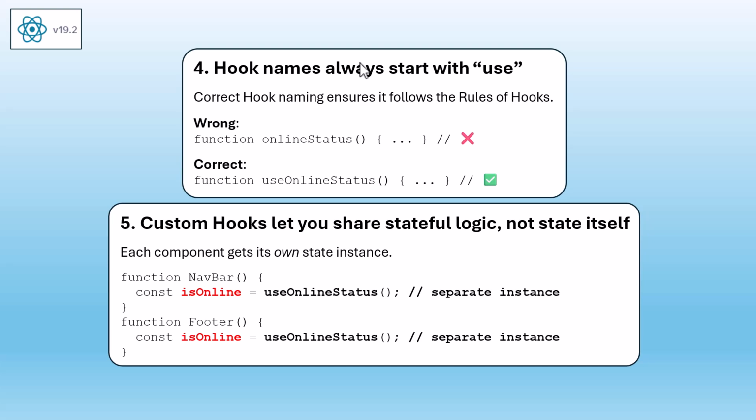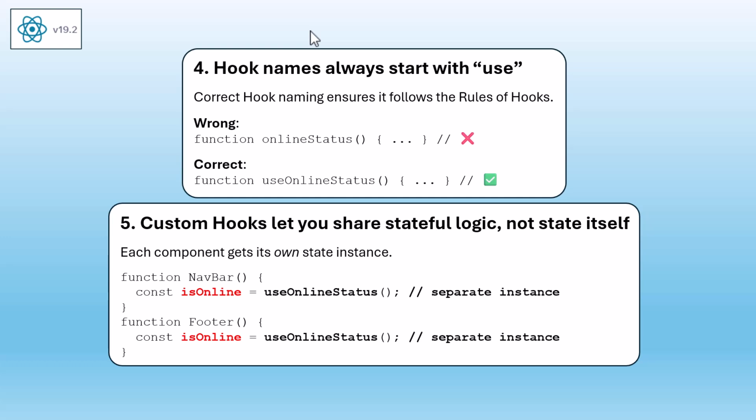If you name something without that prefix, you risk confusing other developers or running into issues such as linting or runtime errors because the toolchain assumes only use prefixed functions call hooks. Additionally, functions that do not call hooks should not be named with use because they do not participate in the component's lifecycle in the same way. This distinction helps maintain clarity, maintainability, and correct tooling behavior.